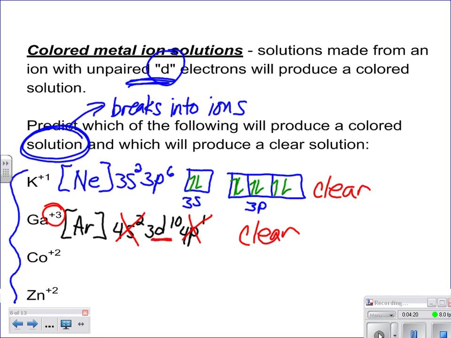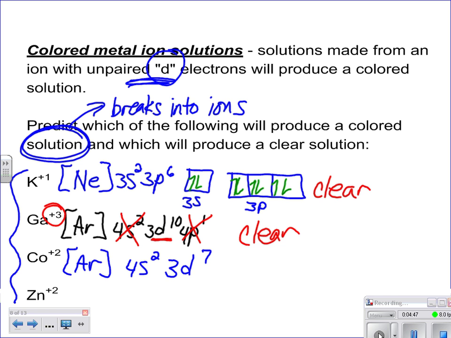Okay, next one, we have cobalt +2 ions. And here we would have argon as our most recent noble gas. And then what? 4s2, 3d7. Okay, so there is our electron configuration for the neutral atom of cobalt.